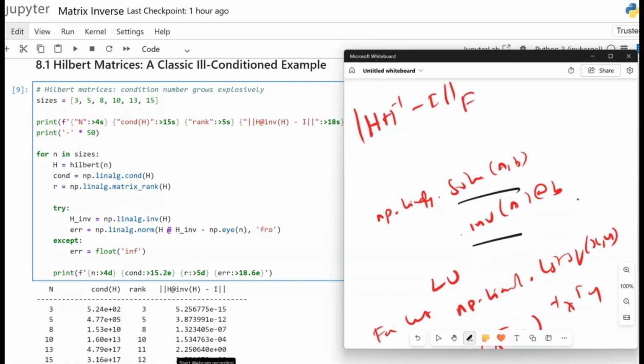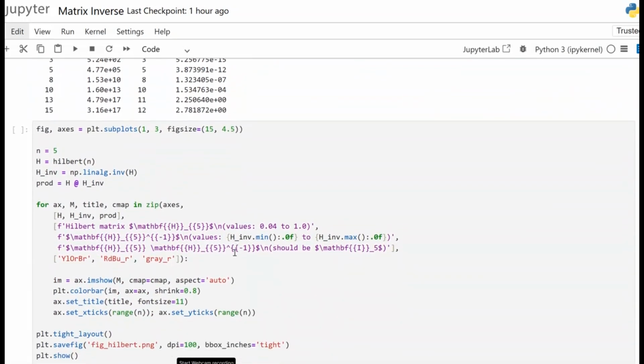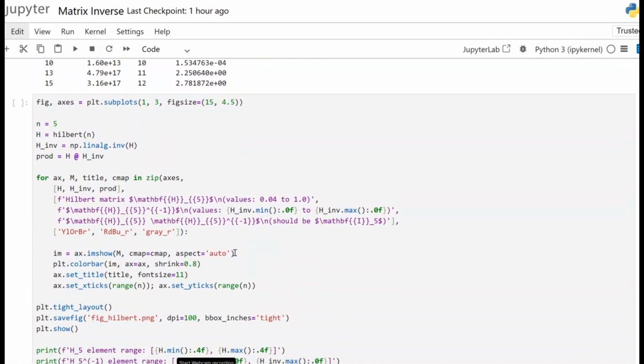And yes, dear friends, this exact code demonstrates the rapid growth of condition number in Hilbert matrices and the breakdown of numerical inversion despite theoretical invertibility, and the importance of conditioning in numerical linear algebra. Let me visualize the Hilbert matrix, its inverse and their product, revealing the hallmark behavior of an ill-conditioned system.